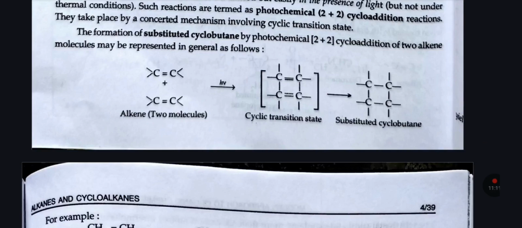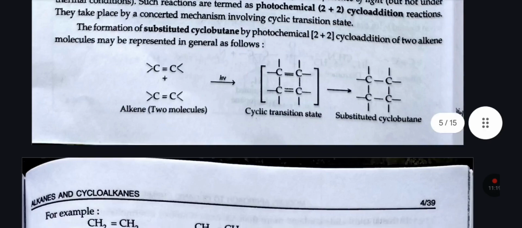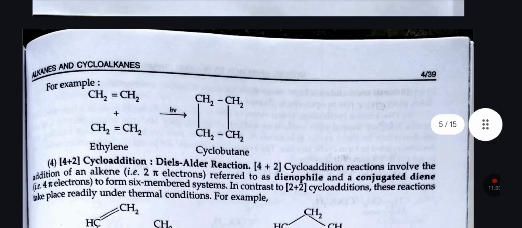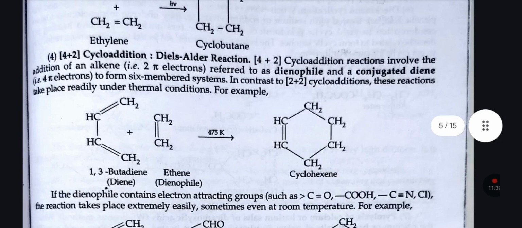Two alkene molecules in the presence of sunlight will give a cyclic transition state, which will further give substituted cyclobutane. For example, CH2=CH2 plus CH2=CH2 in the presence of sunlight will give cyclobutane.